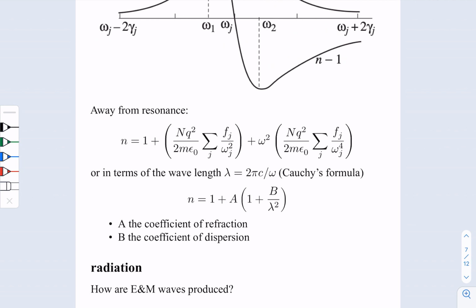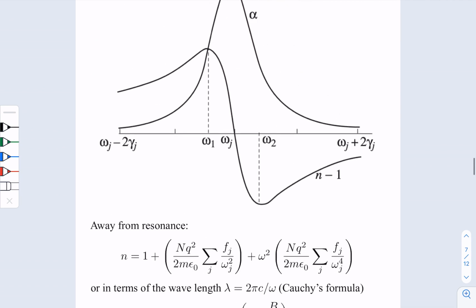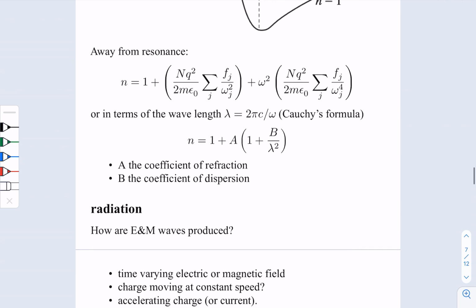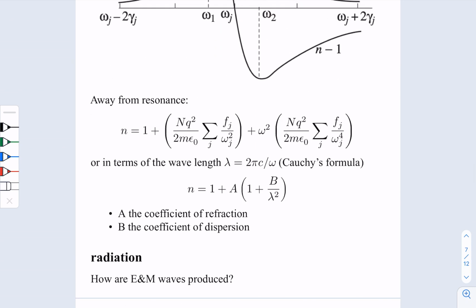We also discussed how light behaves in conductors, and now we also have a very brief picture of how the index of refraction could depend on the frequencies. So the next topic I want to discuss is actually from chapter 11.